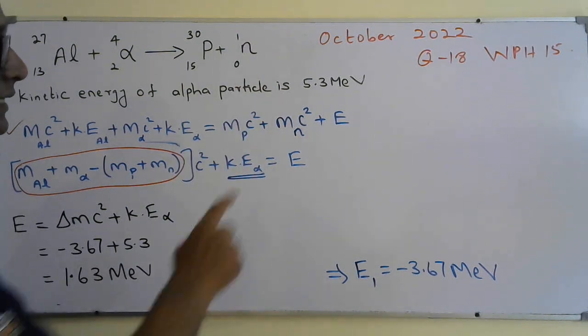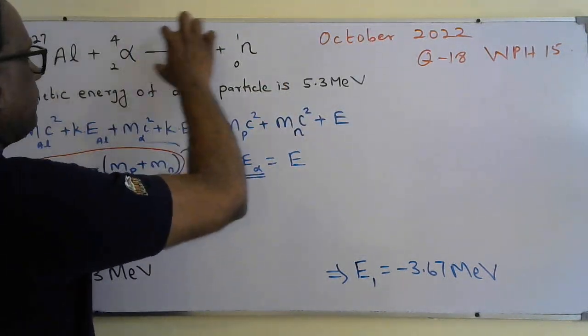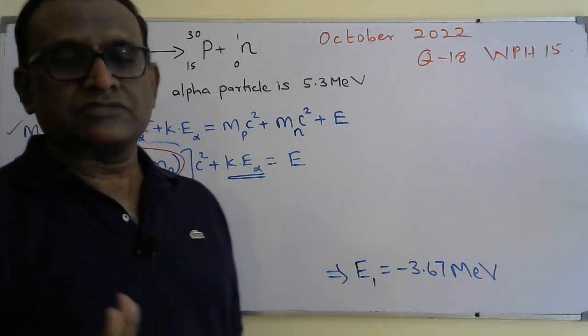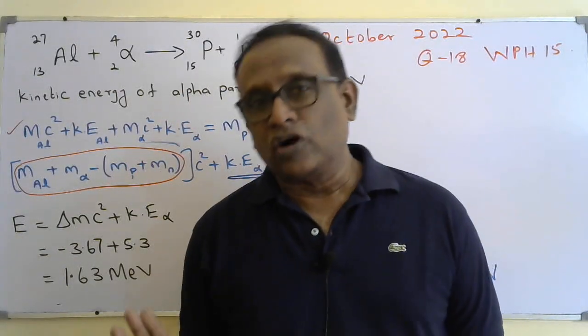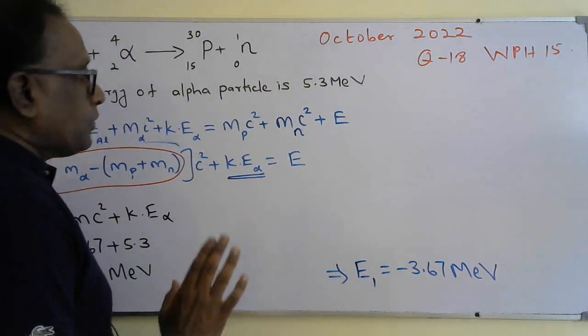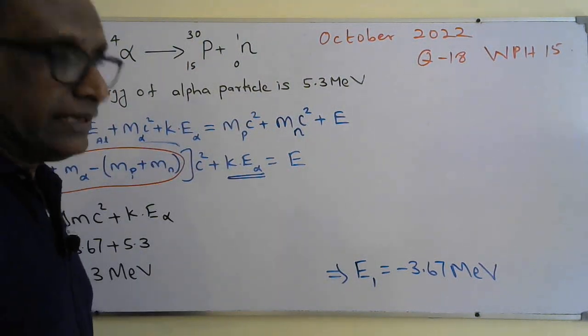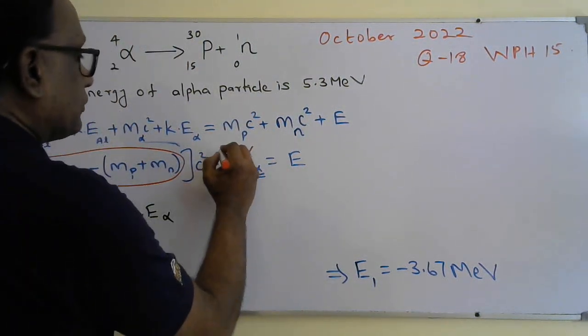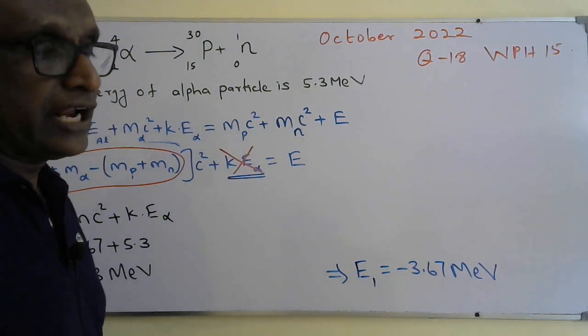In this paper, exactly the same interaction, they asked to find the energy released in the form of kinetic energy of phosphorus and neutron. But in this question, the kinetic energy of the alpha is not given, so I need to ignore it. I can't add any value for that.